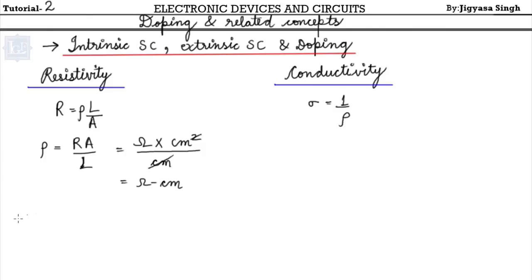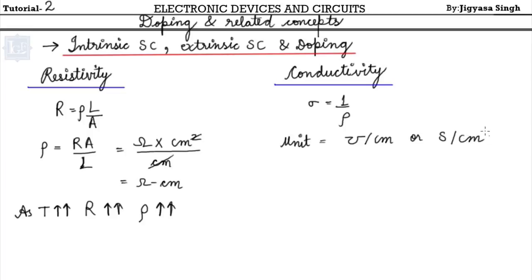And what we learned from the last lecture is that as temperature increases, the resistance also increases, the resistivity also increases, because they are interrelated. Now here, what would be the unit? The unit would be mho per centimeter, also known as Siemens per centimeter, the opposite of this.